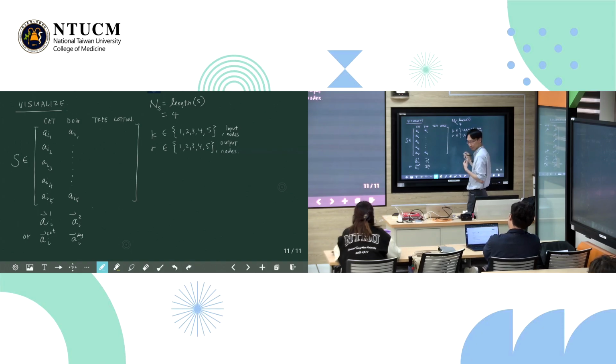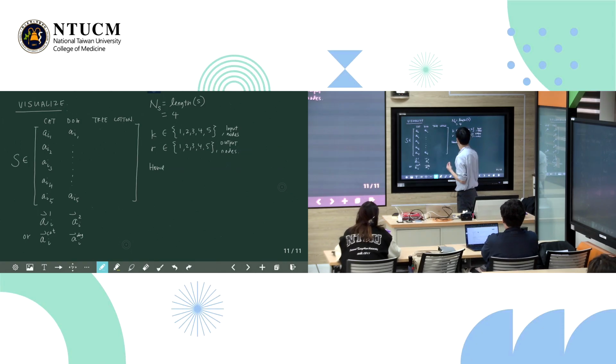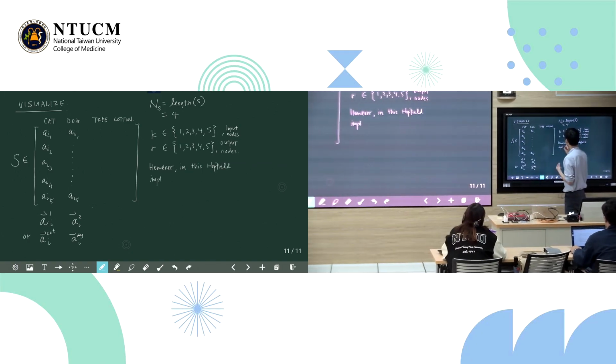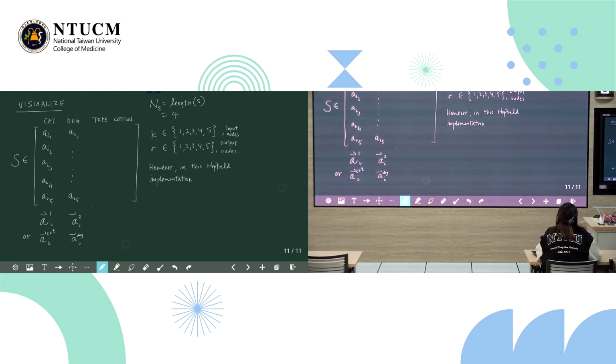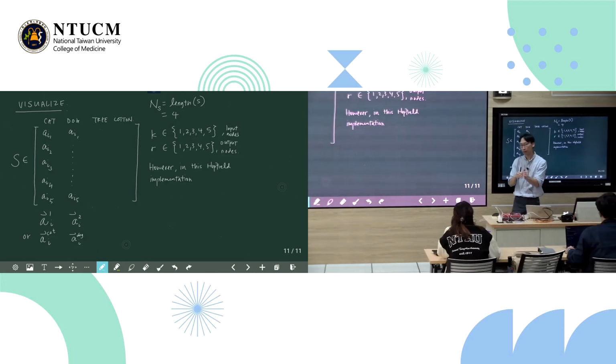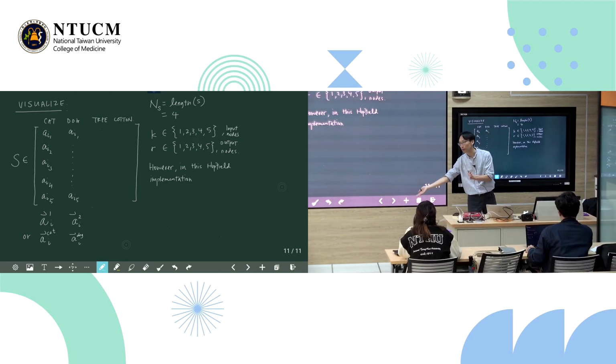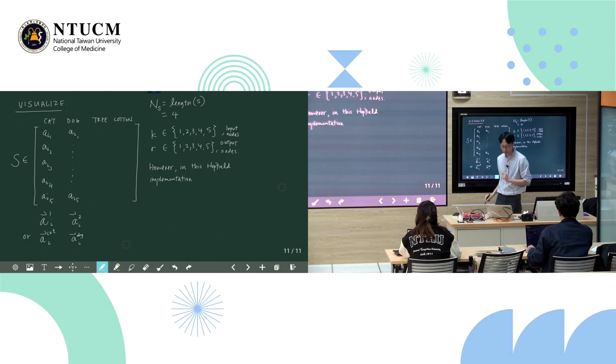However, in this Hopfield implementation, this is where you have to do a switch. In the perceptron, you are used to input, and then something gives you the output, separate, like a forward in time and space, that kind of thing.